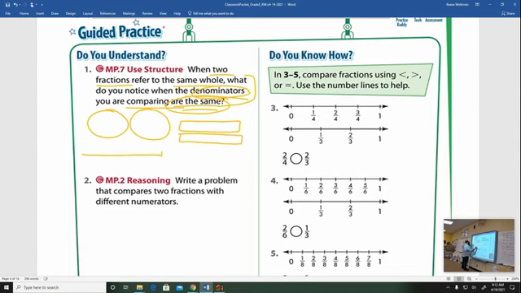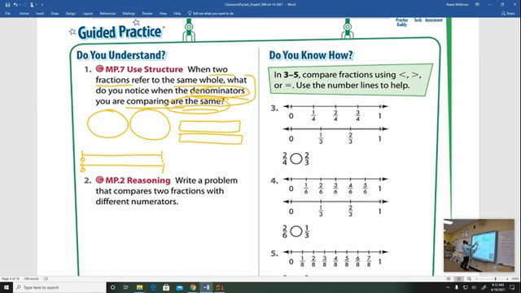Or if we did number lines, both from 0 to 1, and I told you those are the exact same length, those would be the same whole, correct? Yes, guys? Yes or no? I can't hear you. Would they be the same whole? Yes. So these could all be the same whole, right? You can look at it in a bunch of different ways.